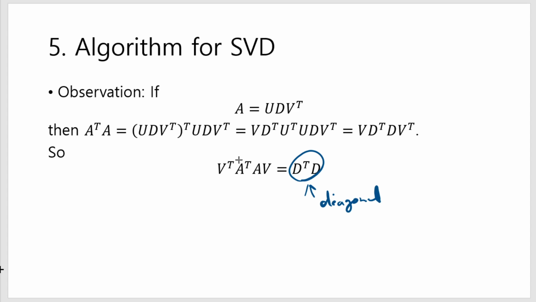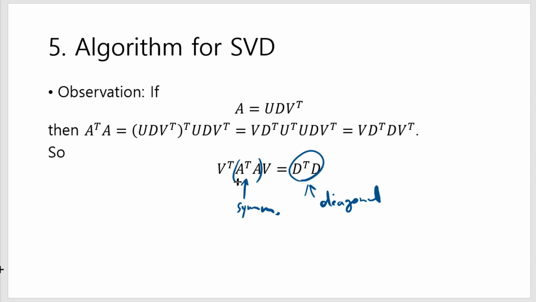And on the left side, you have V^T, some matrix, times V, equal to diagonal. This is very nice because this is really the diagonalization of this symmetric matrix. As I said, A^T A is a symmetric matrix.